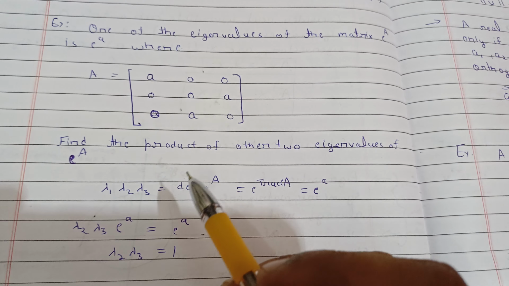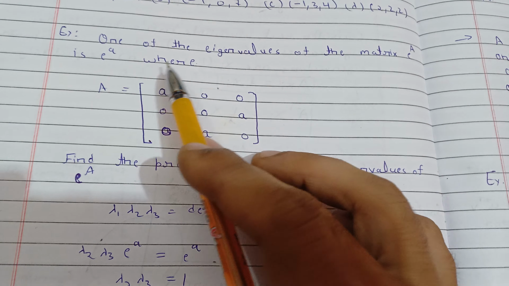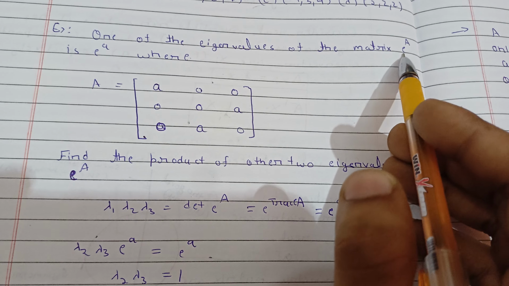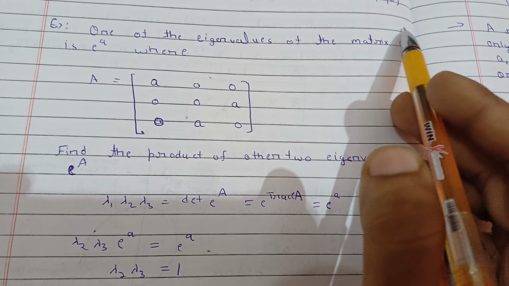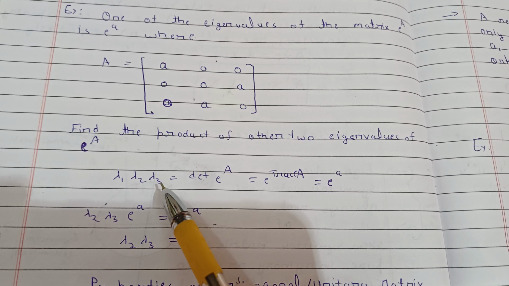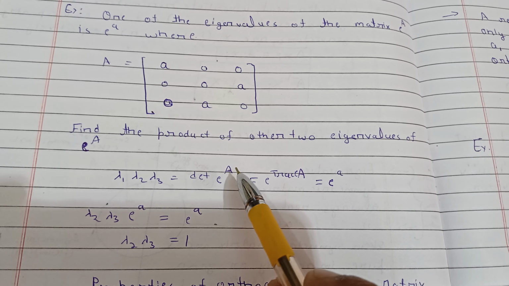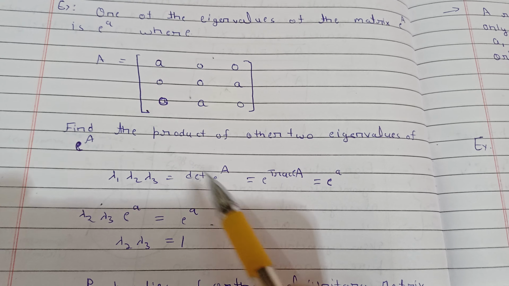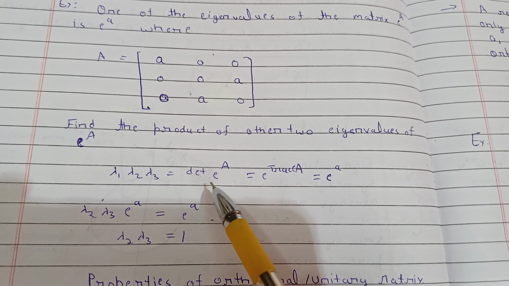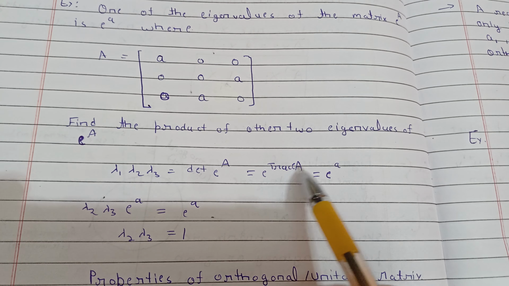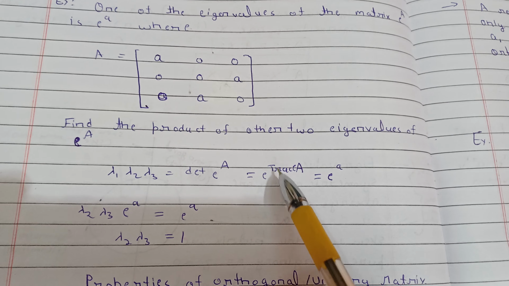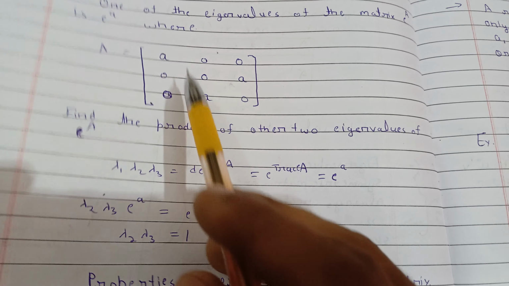So lambda 1, lambda 2, lambda 3 will be the determinant of e^A, and from the property of matrices I already told you, this is equal to e to the power trace A. Now what is trace A? The sum of diagonal elements.